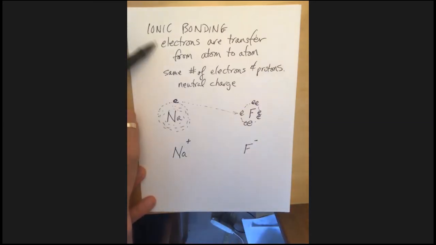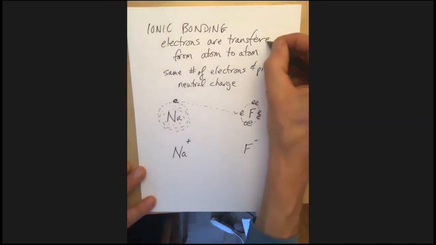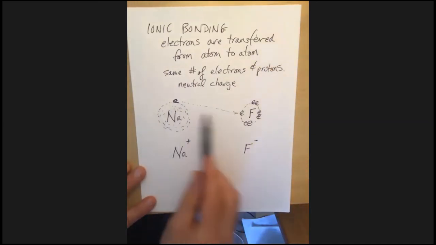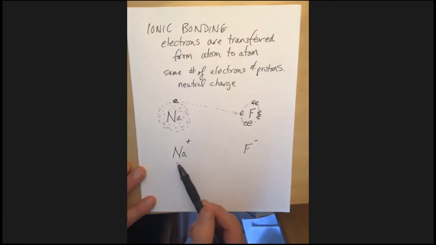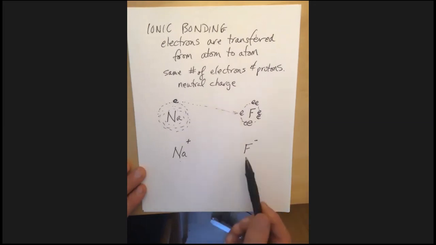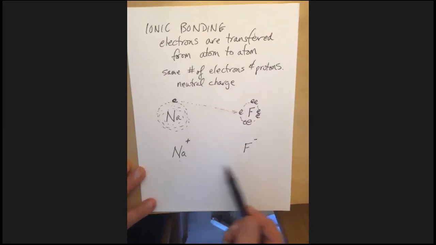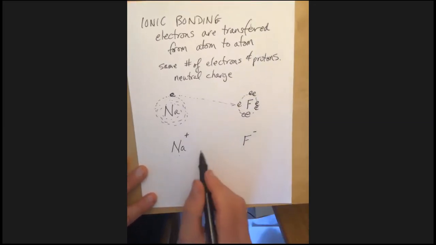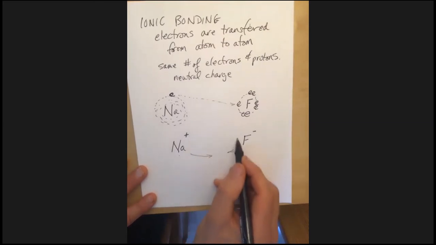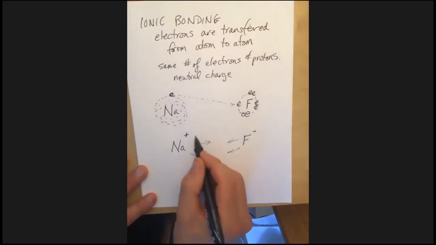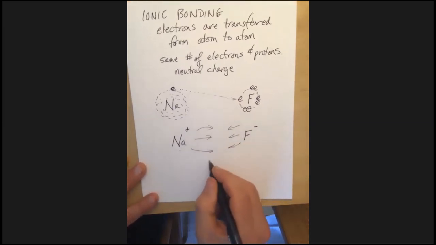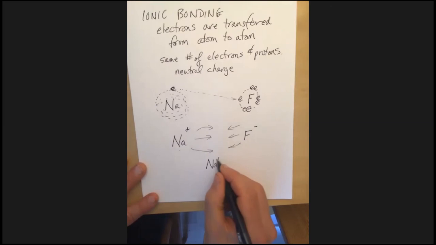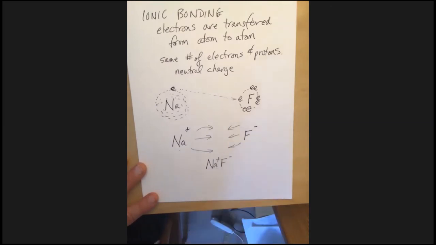So in ionic bonding, electrons are transferred from atom to atom. We've had the electron transfer, and what results is a sodium with a positive charge and a fluorine with a negative charge. Because they have opposite charges, they're attracted to each other, and because they're attracted to each other, they are held together, sodium plus, fluorine minus.